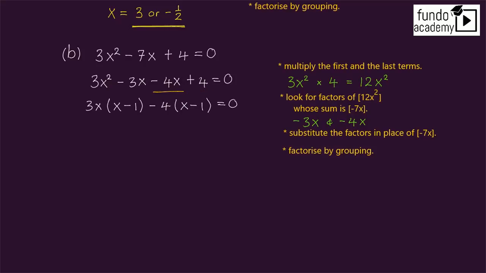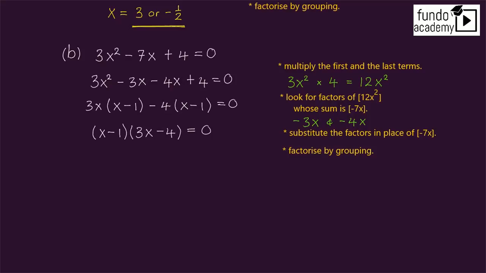Now for these two expressions, the common factor is x minus 1, and I factor out that x minus 1, and I divide x minus 1 into 3x of x minus 1, then I get 3x, and x minus 1 into this expression, then I get minus 4, and that will be equal to 0.